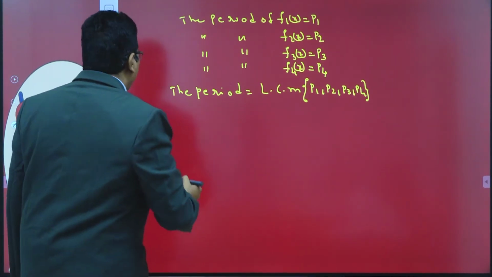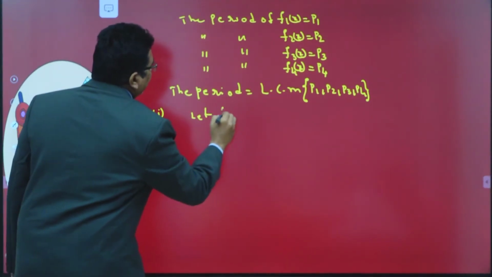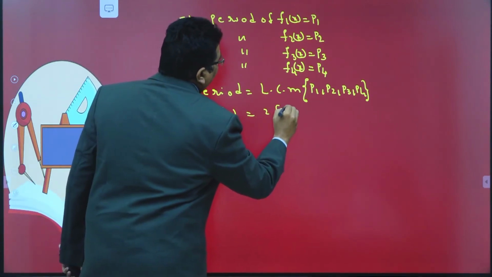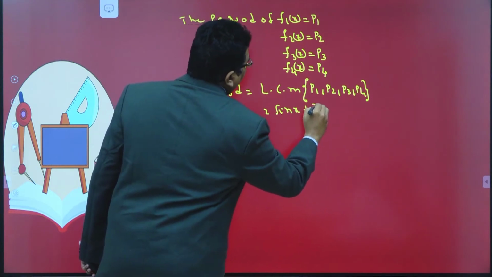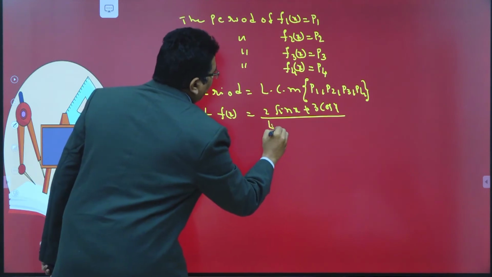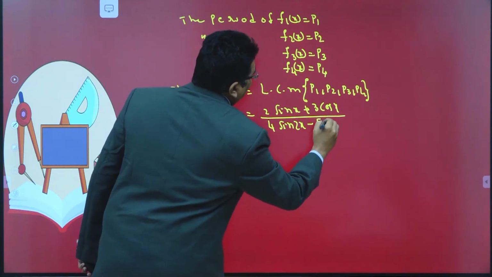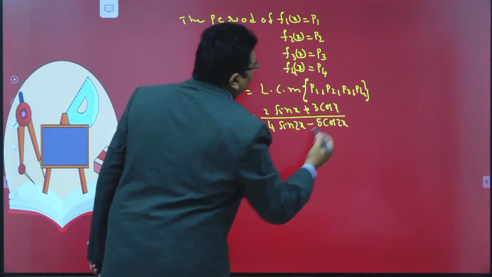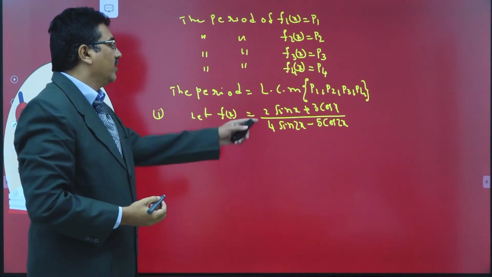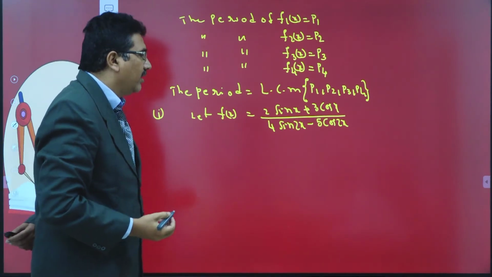See one example. Let f of x be equal to 2 into sin x plus 3 into cos x, divided by 4 into sin 2x minus 5 into cos 2x. Find the period of this f of x. First find the period of the individual functions.